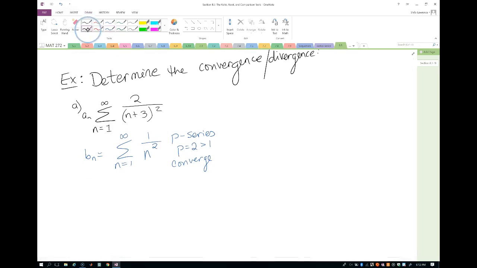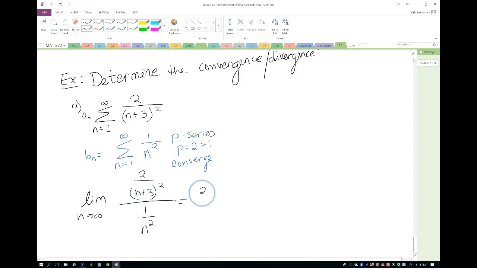So we're going to calculate the limit as n approaches infinity of the a sub n, which is what we started with, over the b sub n, which is what we have decided to compare it to. So just like our ratio test, instead of dividing two fractions, we will flip and multiply.